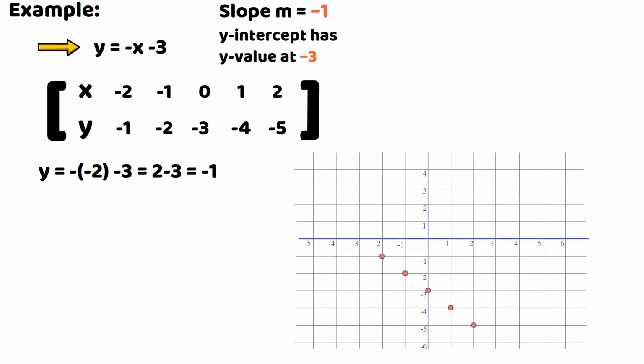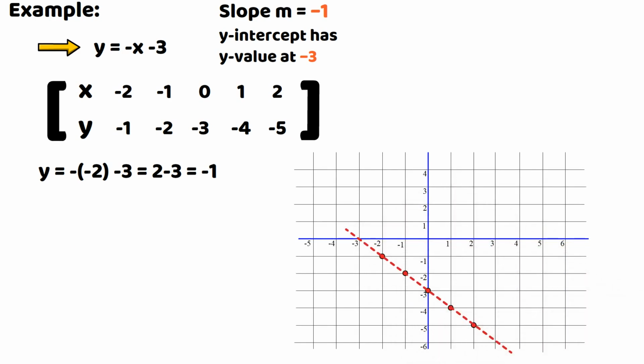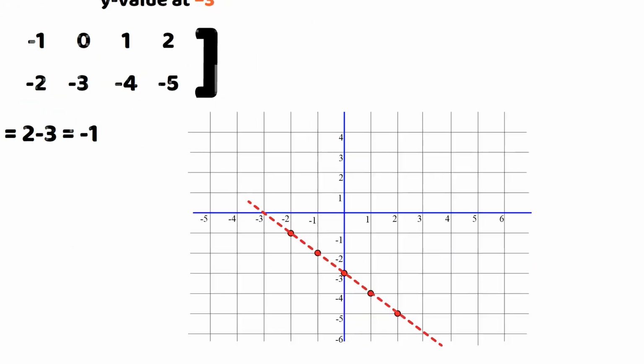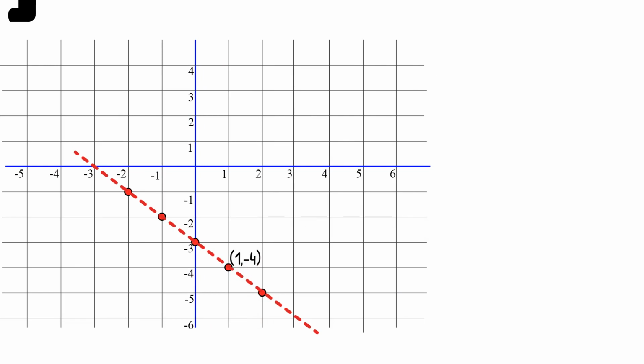Here are the points plotted and then connected in a line. The slope of this line will turn out to be negative 1, as we discussed. We can check this by picking any 2 points on the line, let's say 1, negative 4 and 2, negative 5.